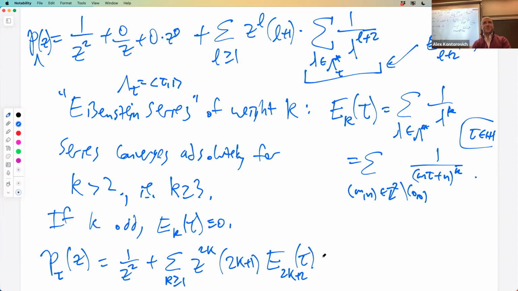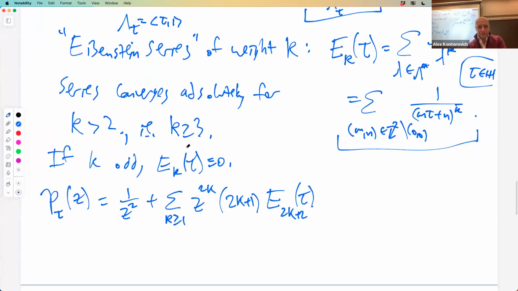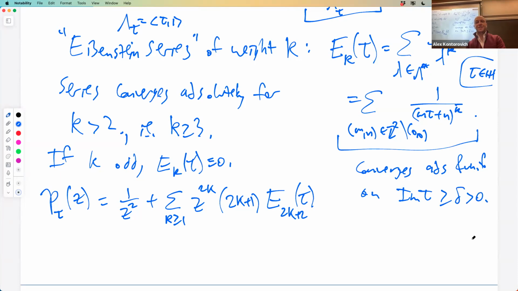So far, so good. So now we have this fascinating function, E sub k of tau. And notice, as long as k is at least 3, which actually 3 doesn't do anything, as long as k is at least 4. If it's 3, then the Eisenstein series vanishes, so there's nothing to say. If k is equal to 4 or higher, this series converges absolutely and uniformly on the region where the imaginary part of tau is at least some fixed constant.